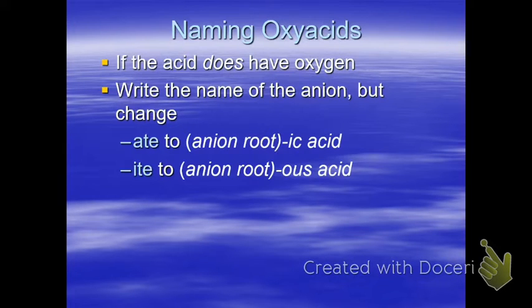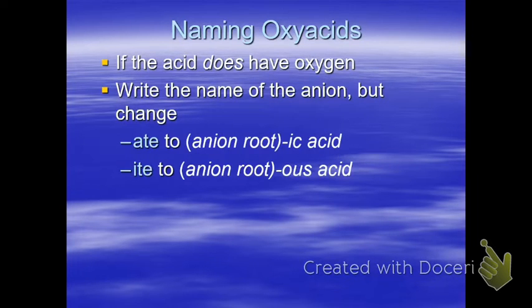So look at the rule here. It says change the suffix ate, like chlorate, to ic. So here's the deal. If I have hydrogen and chlorate put together in an acid, I'm not going to call it chlorate acid. I'm going to call it chloric acid.